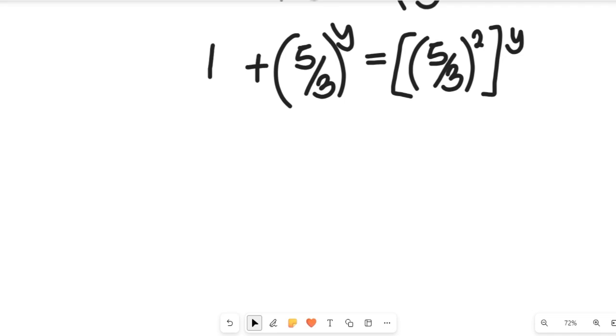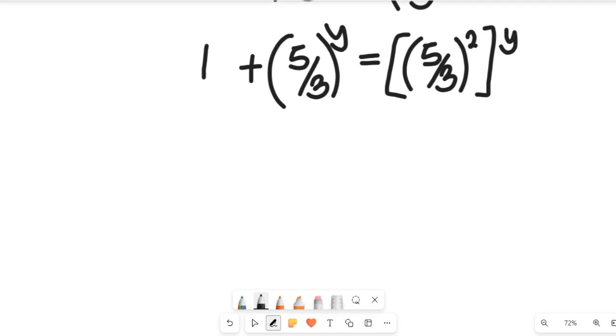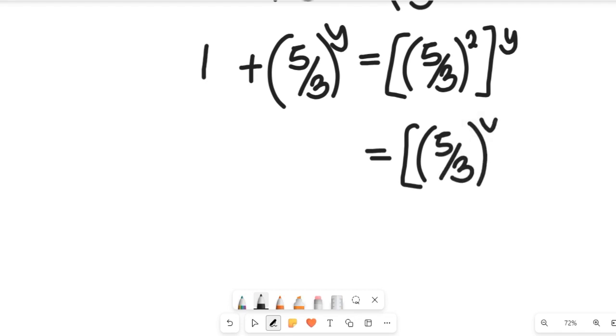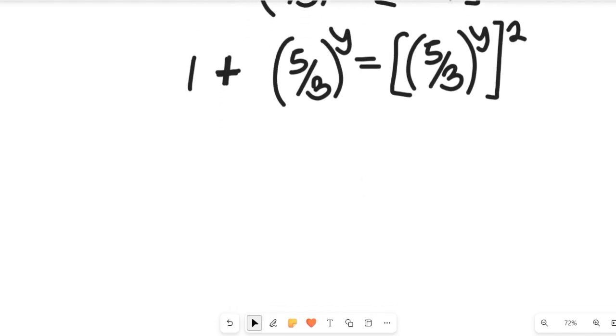Looking at the laws of indices, we can move this power over there, and that expression can now give us 5 divided by 3 from the law of indices multiplied by to the power of y, and all this will be 5 divided by 3 all to the power of y, while we have our 1 plus this. So this whole expression will give us this.